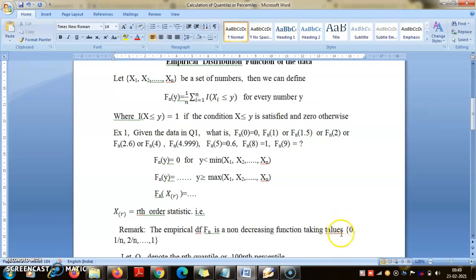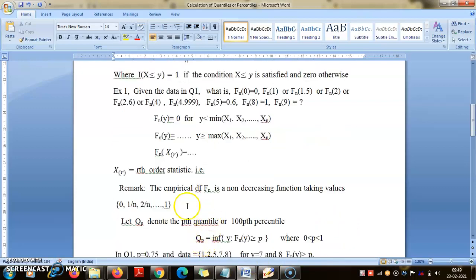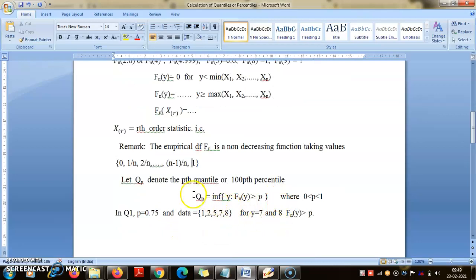So this is the range of this function. This is a function which takes finitely many values: 0, 1 by n, 2 by n, then the last but one value is n minus 1 by n, and 1, and so on.